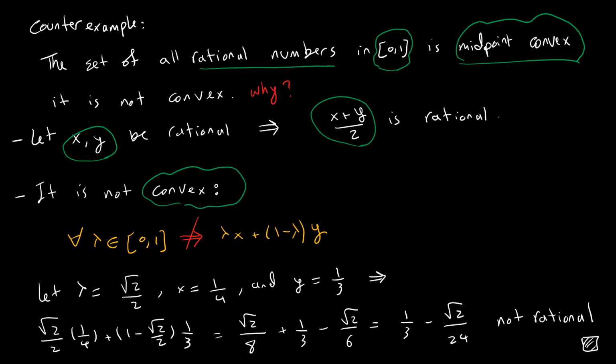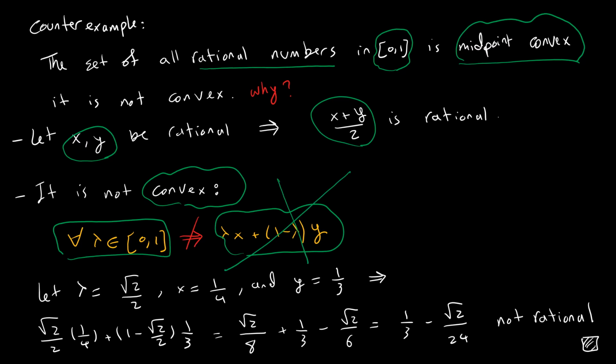Why? Because for convexity, we need to have for any lambda between 0 and 1, lambda times x plus 1 minus lambda times y has to be in C, but this is not true. Why? Just let lambda be root 2 over 2, which is between 0 and 1. This is roughly 0.7, and let x and y be rational numbers.